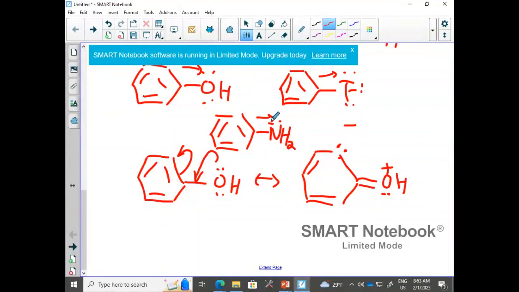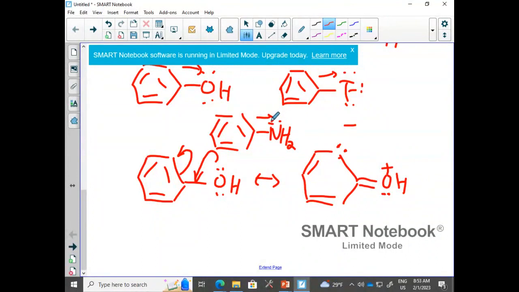But which one has the strongest electron withdrawing inductive effect? Fluorine? Yes, very good. Fluorine, because as we all know, fluorine is the most electronegative of the three. Fluorine is more electronegative than oxygen, and oxygen is more electronegative than nitrogen.